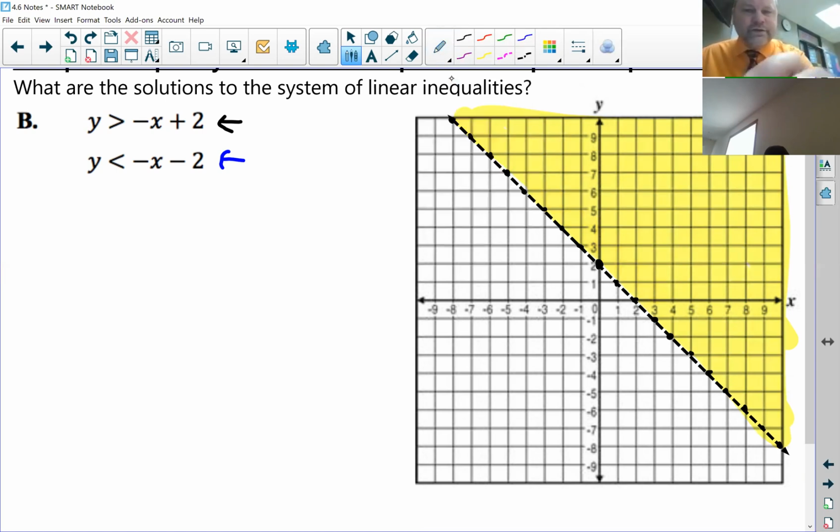All right. My second equation in blue, y-intercept of negative 2, slope of negative 1. Is this going to be a solid line or a dashed line?